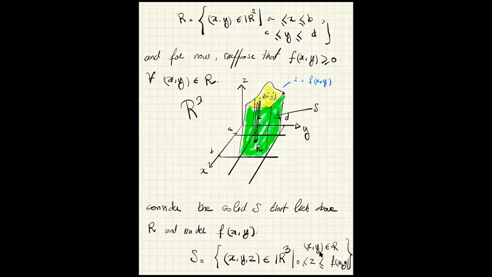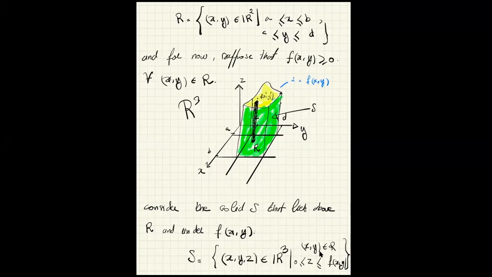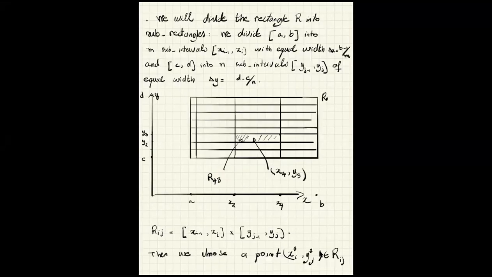The point here is f of x_i star, y_j star, and then this will be the box. Hope it's clear. So this is one box, and we do it for every box here. This was our rectangle, so we do the same idea for all the others.